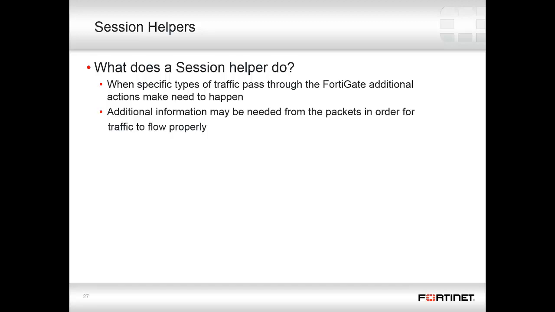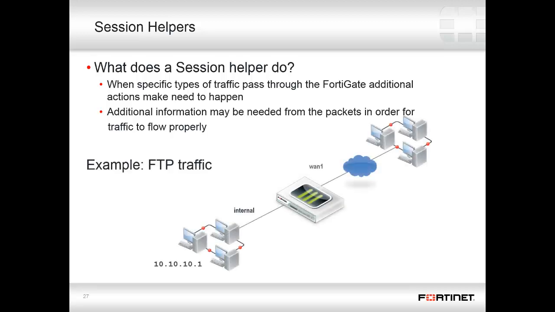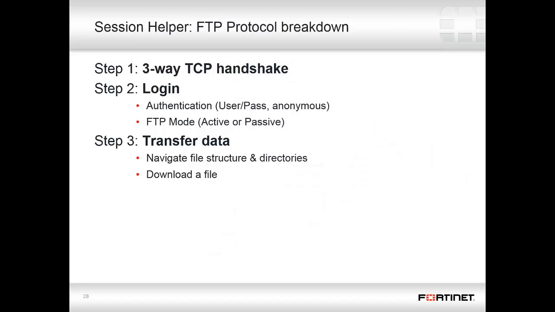Also, there may be additional information in the packets that the firewall needs to know in order for the traffic to flow properly. As an example, we'll take an in-depth look at FTP traffic passing through a firewall policy that is NATing traffic. The FTP protocol can be simplified into three basic steps.